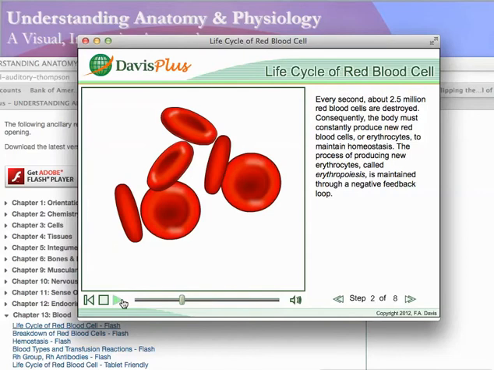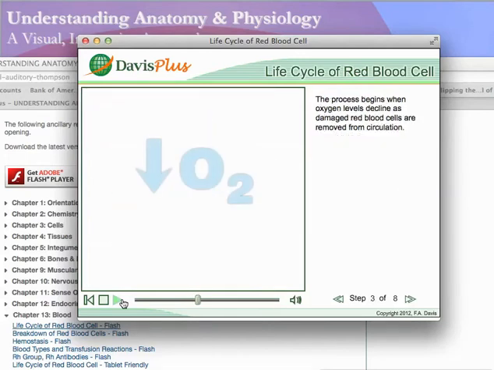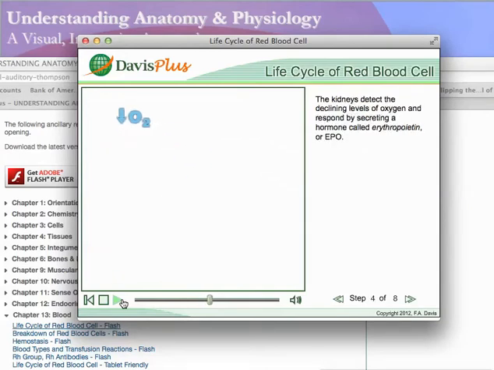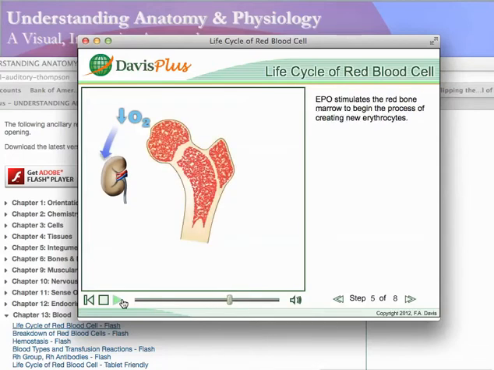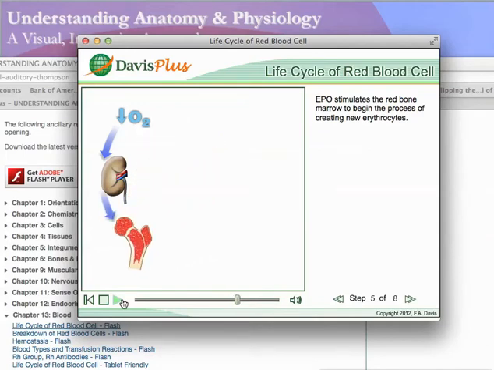The process of producing new erythrocytes, called erythropoiesis, is maintained through a negative feedback loop. The process begins when oxygen levels decline, as damaged red blood cells are removed from circulation. The kidneys detect the declining levels of oxygen and respond by secreting a hormone called erythropoietin, or EPO. EPO stimulates the red bone marrow to begin the process of creating new erythrocytes.